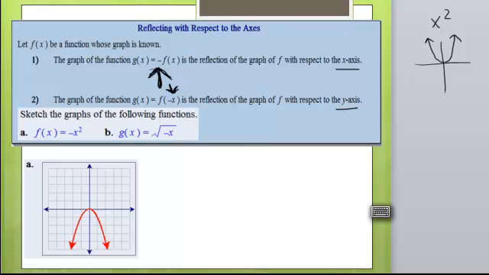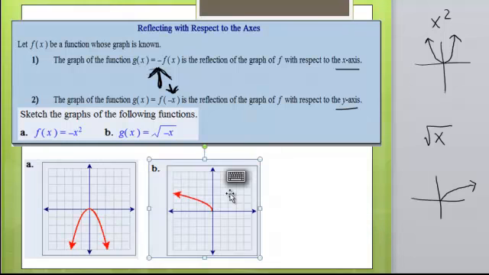So what if you have the square root of negative x? Well, remember, the square root of x looks something like this. So if you were to put a negative underneath the radical, like this one, it would take this graph and reflect it over the y-axis. And it would end up looking like this one.